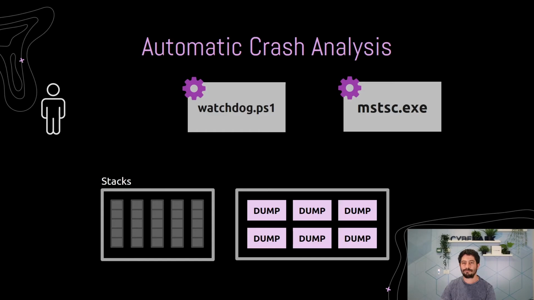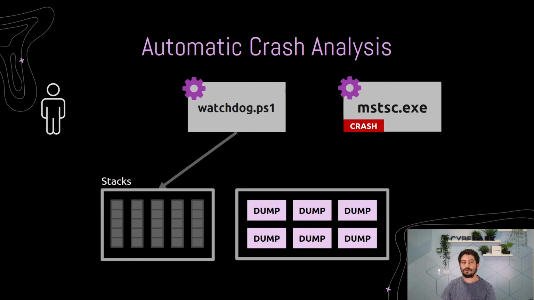It's a bit much, but don't worry. So basically, we had this watchdog, and it would wait until a crash was detected. And whenever a crash was detected, it would generate a dump file. Now, we would analyze this dump file with a WinDbg script, and we would extract the call stack that caused the crash.